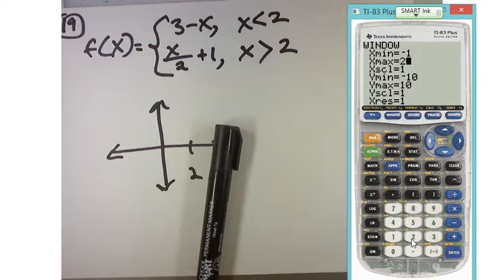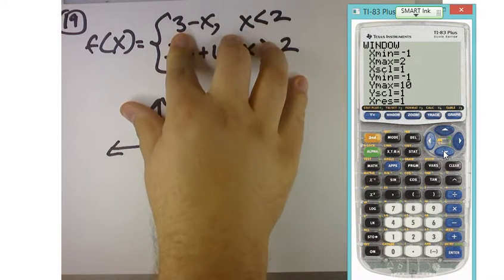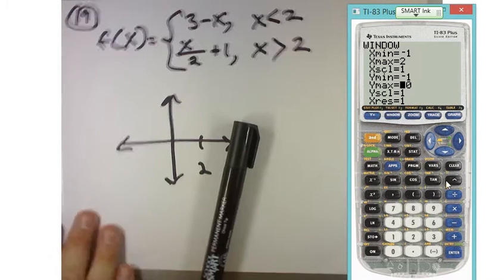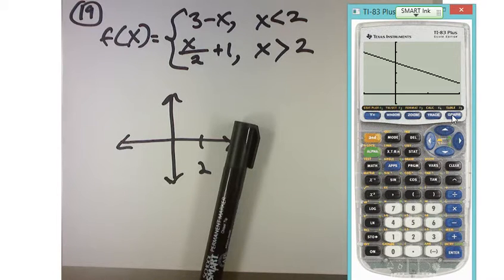For my y-min, since I know it's going to live up here in the first quadrant, my y-min can be -1. I don't need to go down too far. And I know my y-intercept is 3, so my y-max doesn't have to be 10, it could be 5. I want to zoom in and see what this thing looks like. So let's graph it and see.